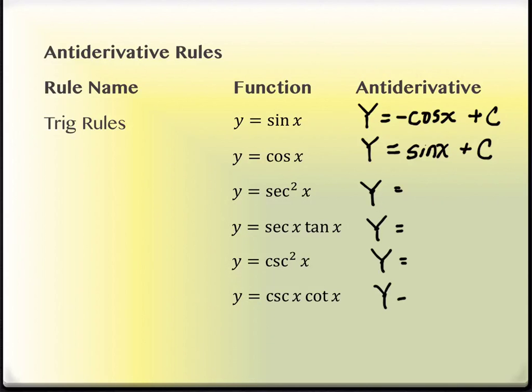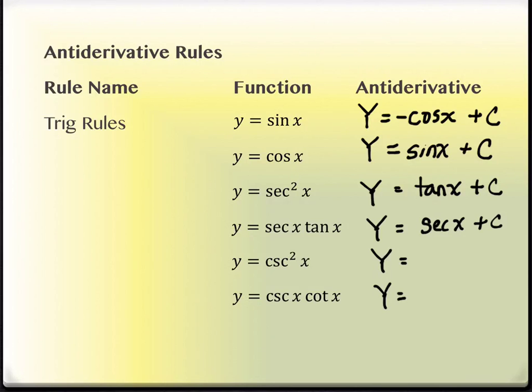Okay. The next 4 kind of look like ones you've seen before. Whose derivative was secant squared? What was it? Tangent. That's right. So this is tangent x plus c. Whose derivative is secant tangent? Secant. Secant x plus c.